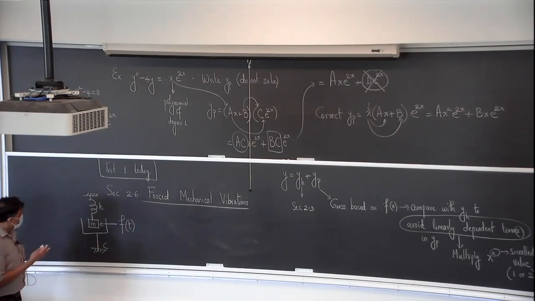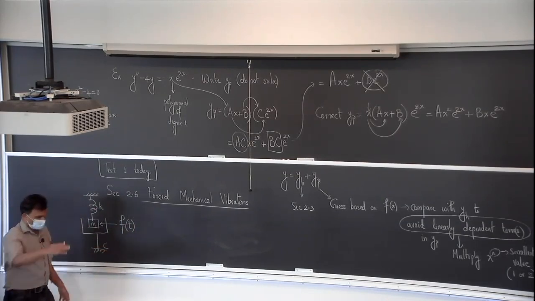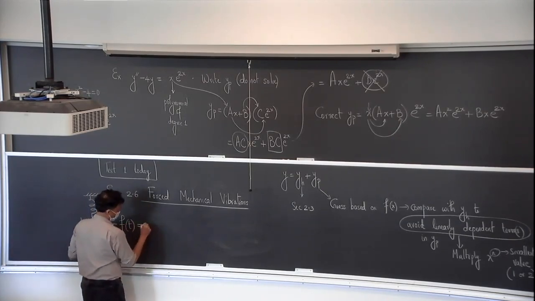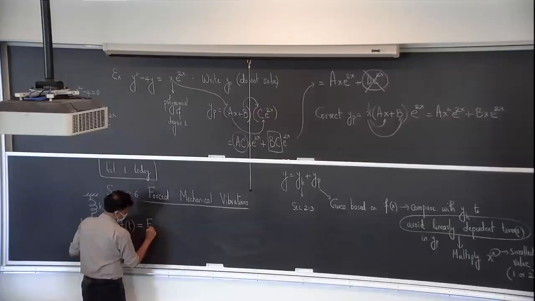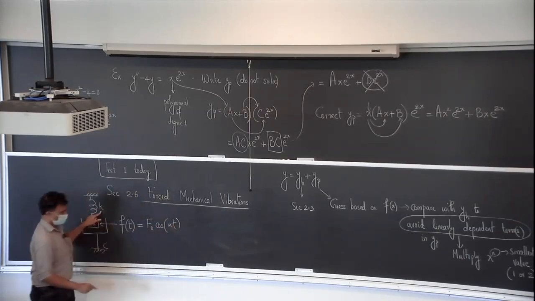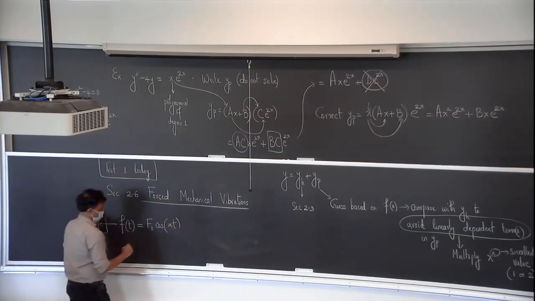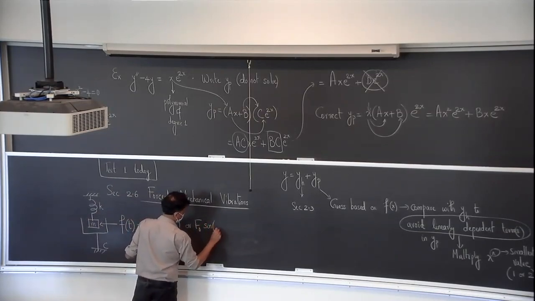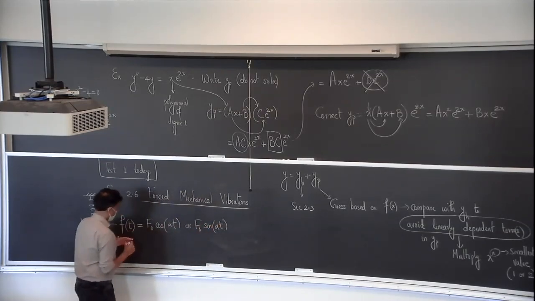And to study some nice behavior, we are going to keep this force, which is going to increase and decrease periodically with time. So it's either going to be of the form F naught cosine of alpha T. I'm not going to use K there because I already have a K here. Or F naught sine of alpha T. That is the external force.